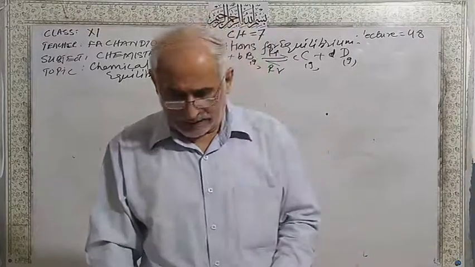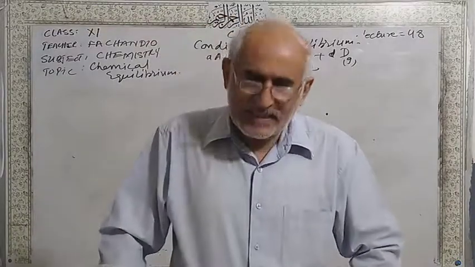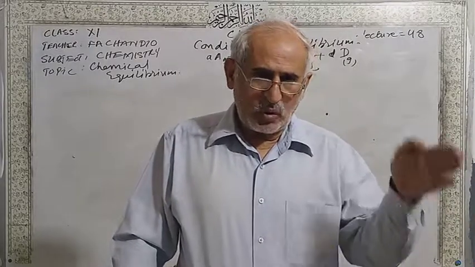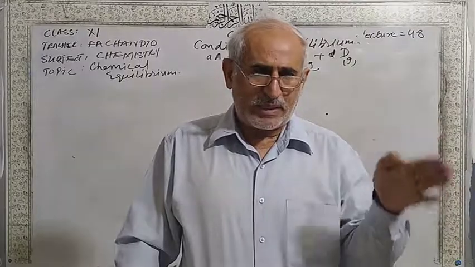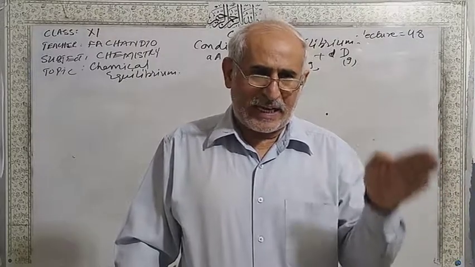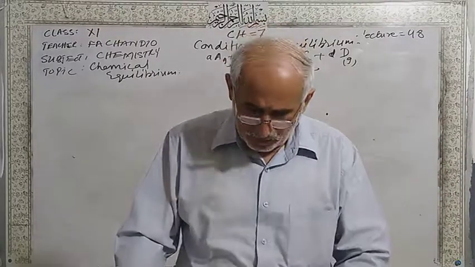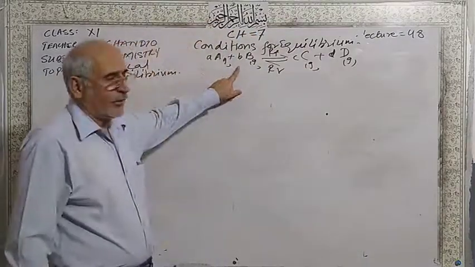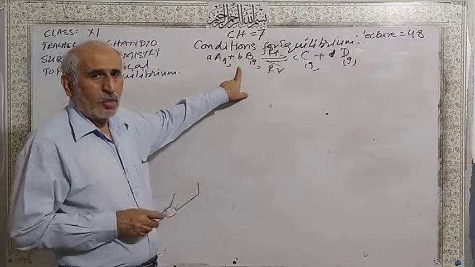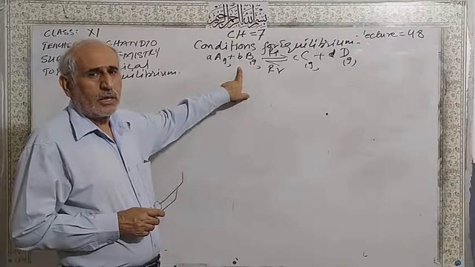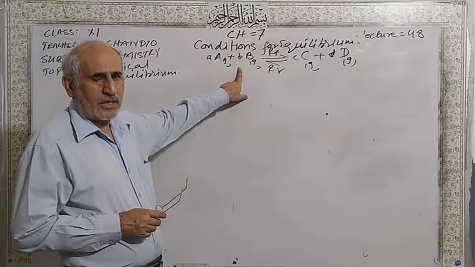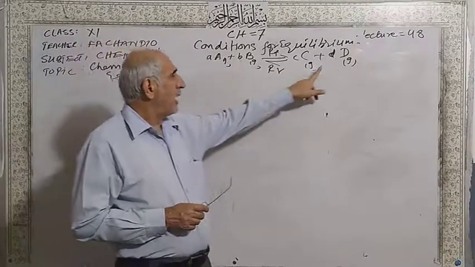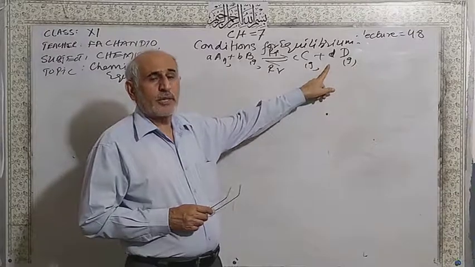So the point is that when Kc is less than 1, when the value of the equilibrium constant is less than 1, then the denominator is greater. When you write the equation in the Kc form, reactants appear on the denominator side and products appear on the numerator side.